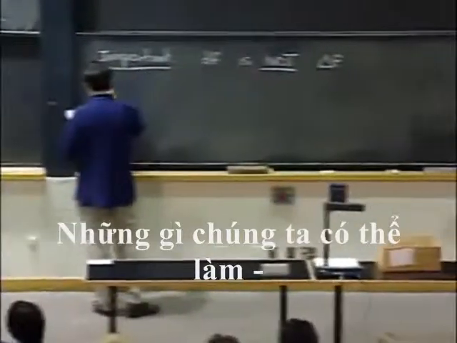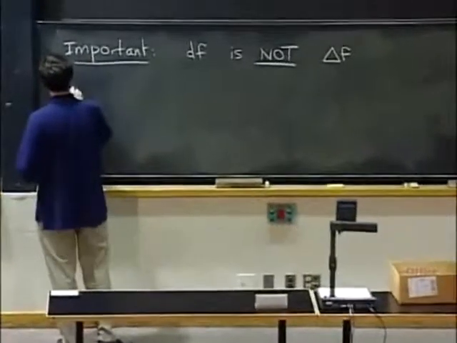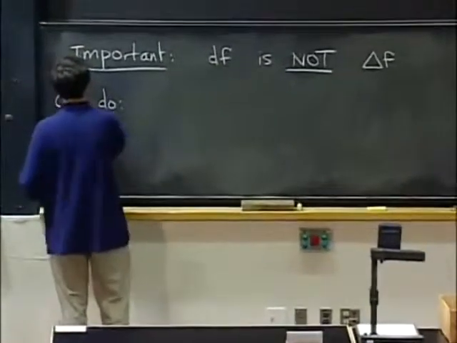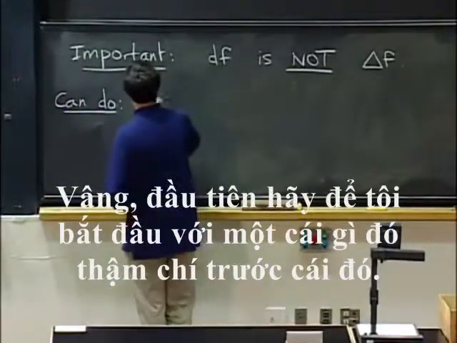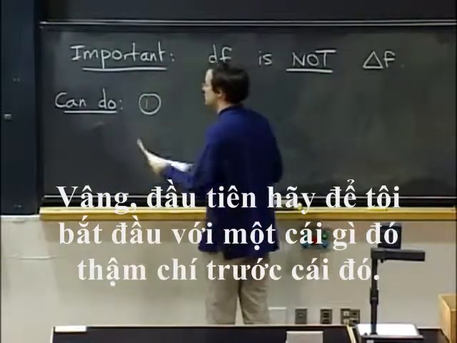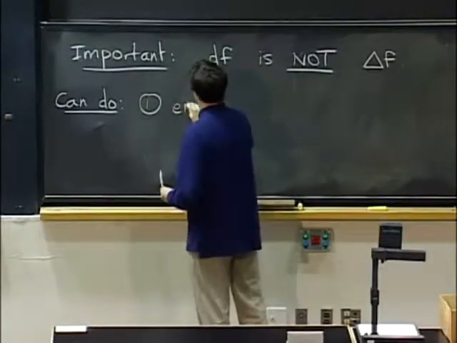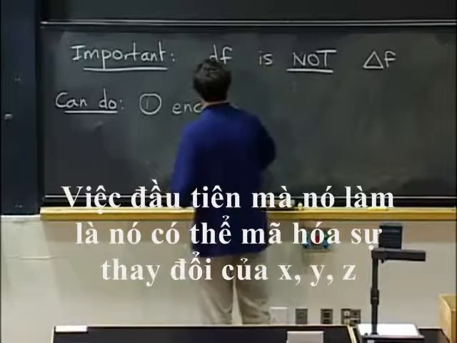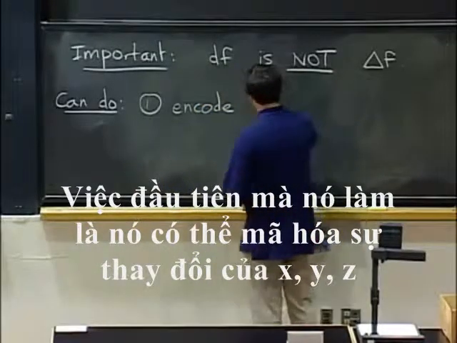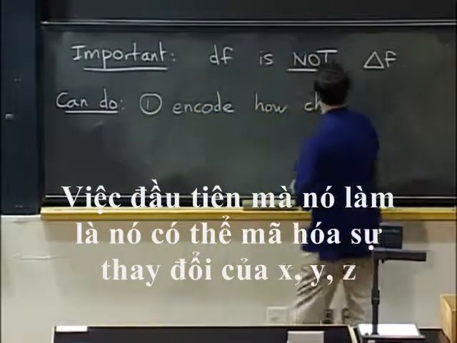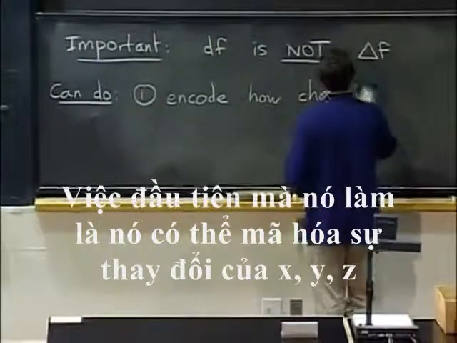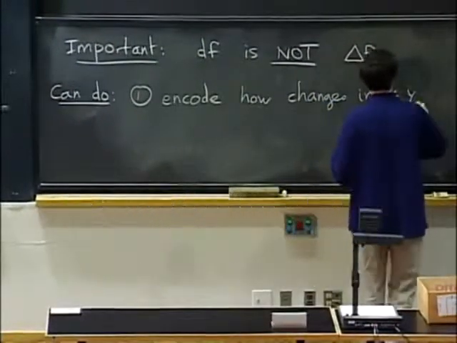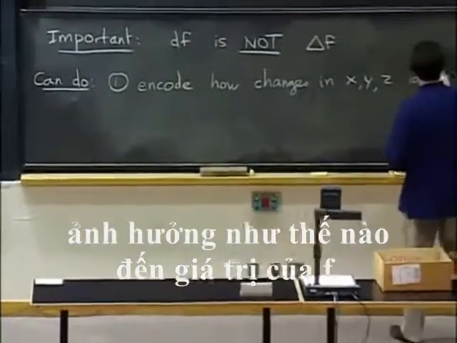So what we can do, well, let me start first with maybe something even before that. The first thing that it does is it can encode how changes in x, y, z affect the value of f.